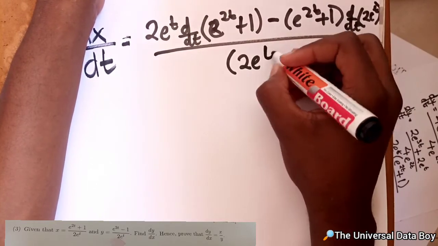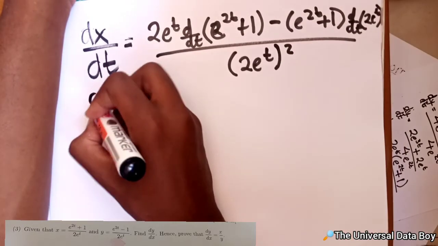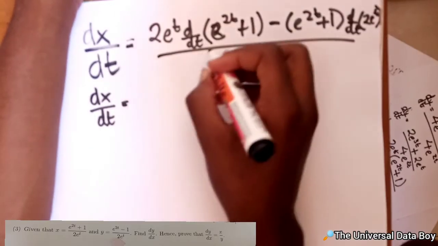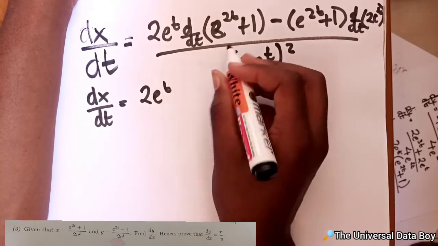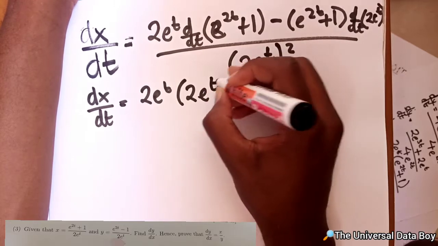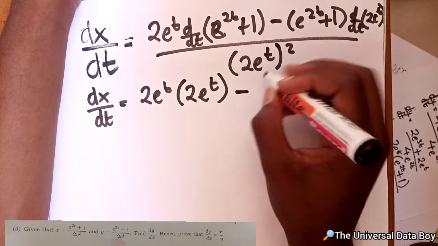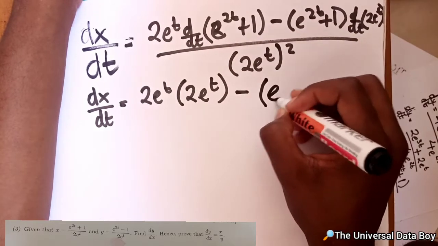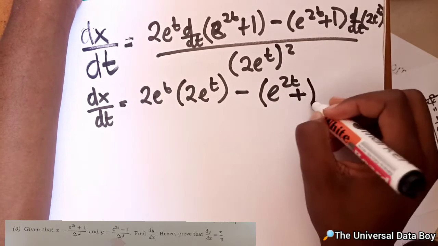divided by this denominator squared. So we're going to have our dx over dt being equal to 2e to the power t, the derivative of this one, we're going to have 2e to the power t again, and then minus, the derivative of 1 is just 0, we're going to have e to the power 2t plus 1.